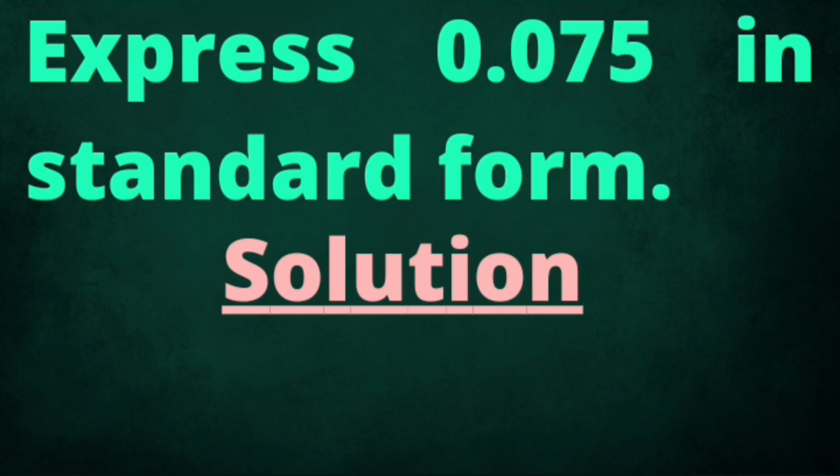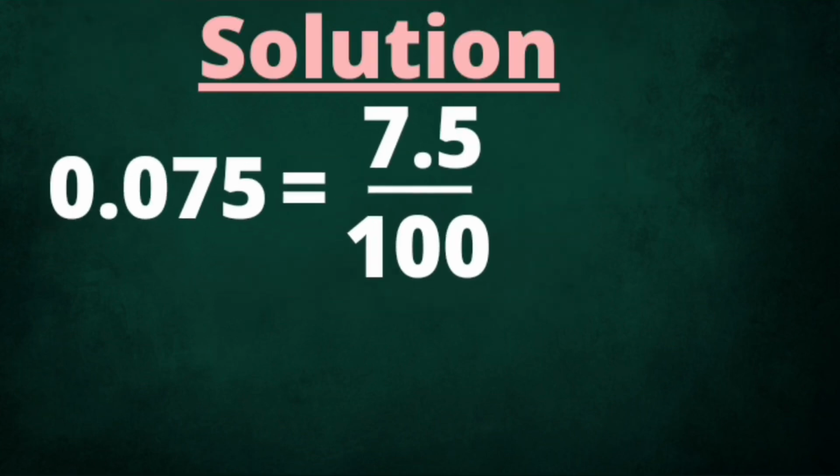Express 0.075 in standard form. First, let's put 0.075 in fraction. This will be 7.5 over 100. Did you see that the decimal is after the first significant figure, which is 7? And also, we have 100 because we have 2 zeros in 0.075.